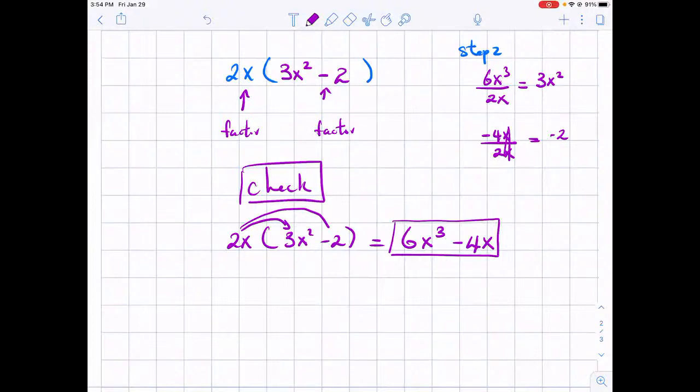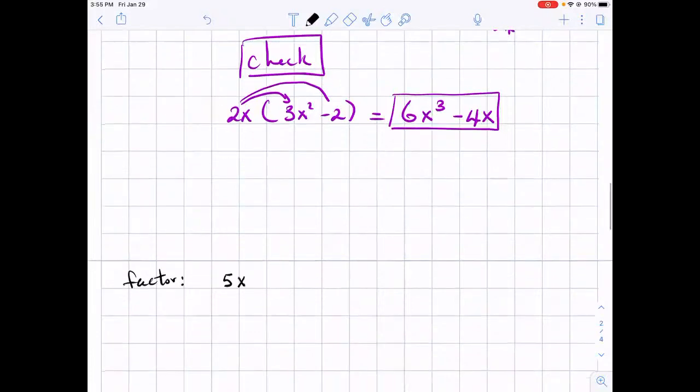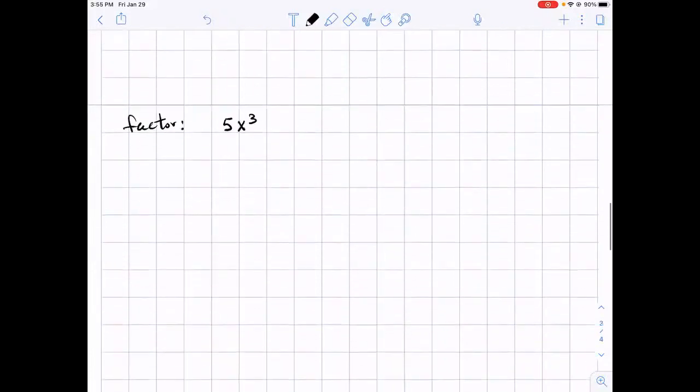Okay, let's look at another example. So how about if I ask you to factor 5x cubed minus 15x squared? So the first thing we want to do is to find our GCF, if possible, right?